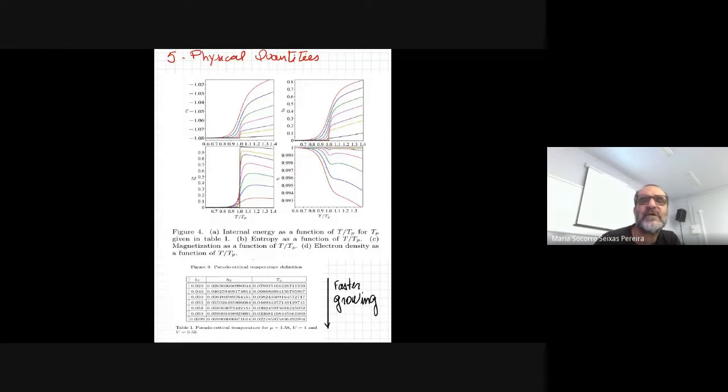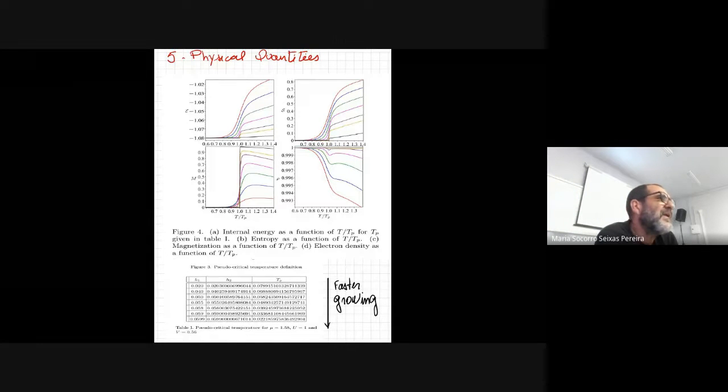You have similar behavior with entropy, similar behavior with magnetization, and similar, but the density is different. And now you use one normalized temperature.